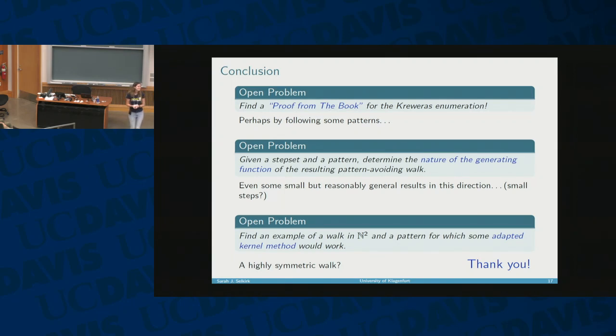I saw you had some asymptotics for the number of pattern avoiding Kreweras walks. If you're avoiding, let's say, a single pattern, does the exponential growth rate always exist? Does that question make sense? Sorry, I've been really awful at repeating the question.